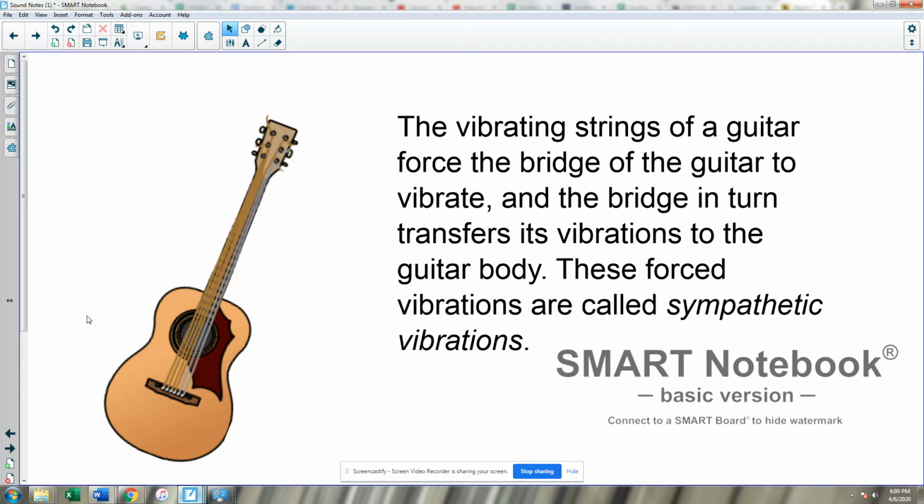A guitar string is a good example where you pluck the guitar string and it wants to vibrate at a certain frequency. The reason a guitar is louder than just a random string being plucked is that the vibration of the guitar string causes parts of the guitar itself to vibrate. The guitar is designed such that the base and the body of the guitar vibrate in a couple different ways.